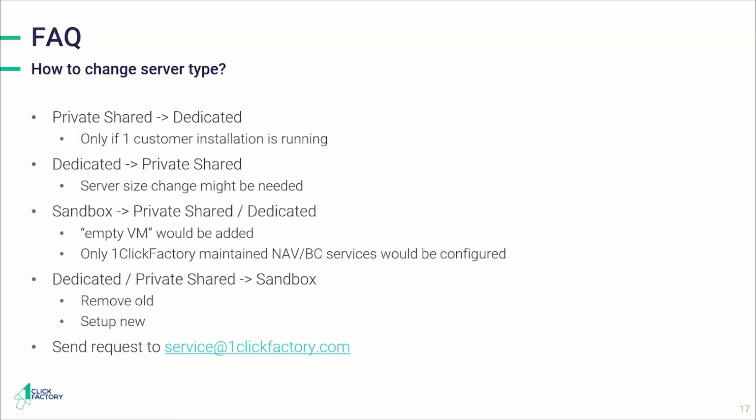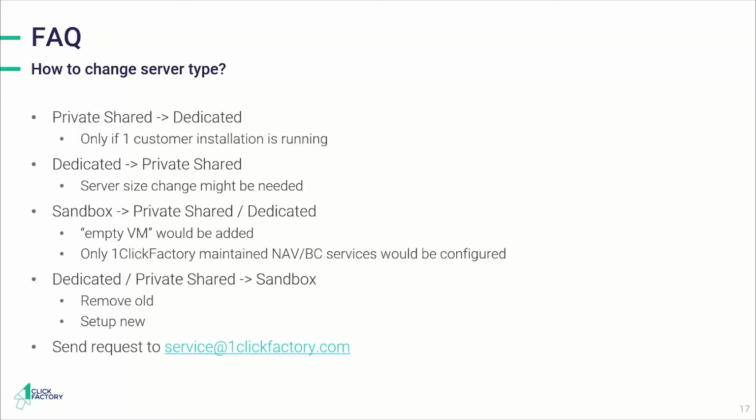Then, let's say, moving from sandbox to private shared or dedicated server. This one is trickier. We would need to add one VM basically to the application server. We would be adding only, I call it an empty VM, meaning no additional setup. If you have done some additional setup, like if you have added some DLLs to your service configuration, it would not be transferred to the new VM.